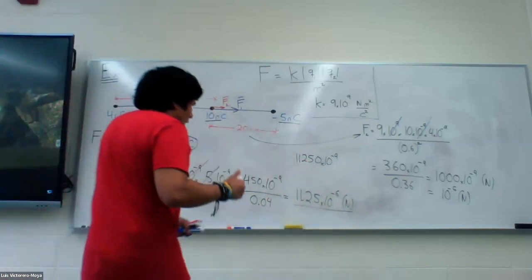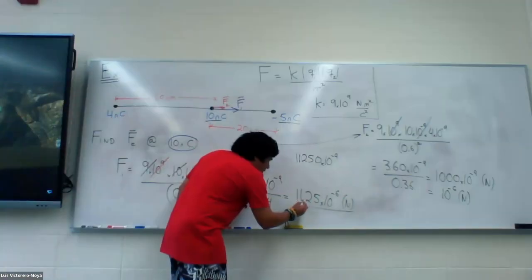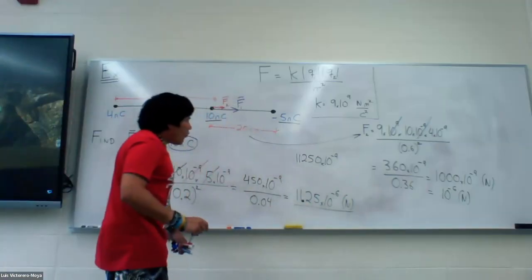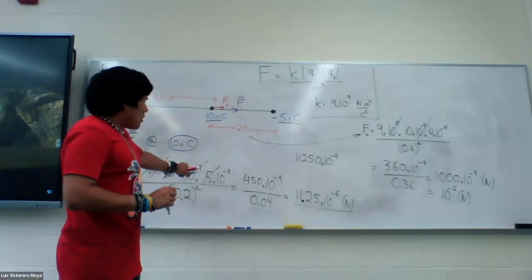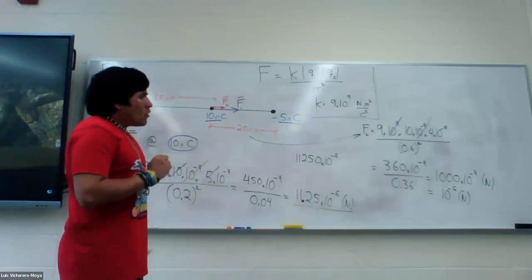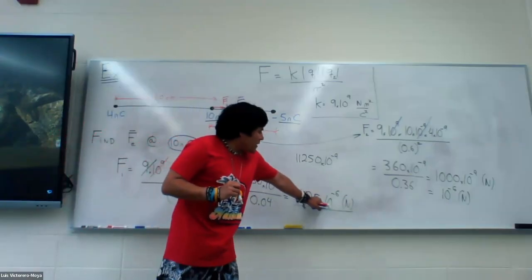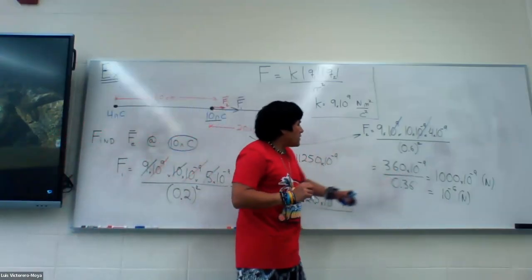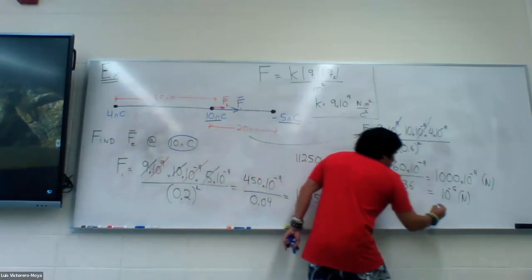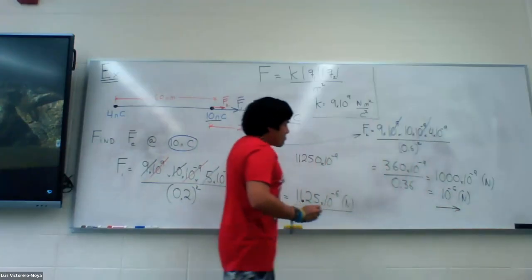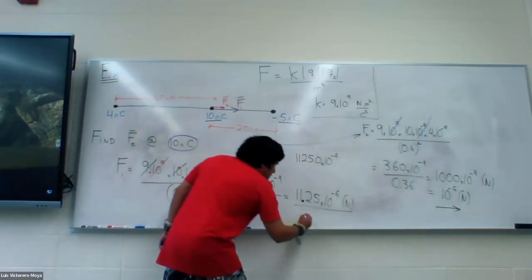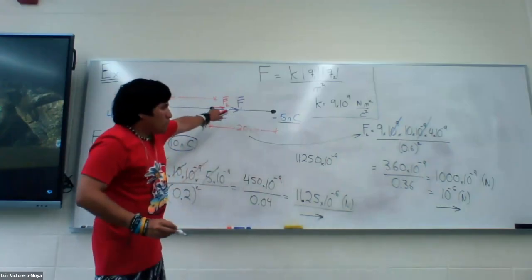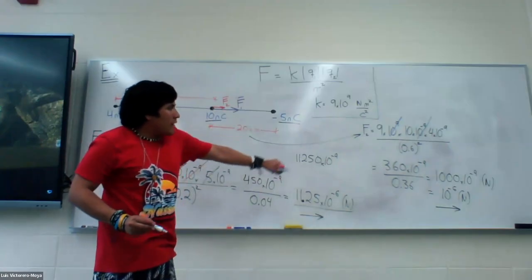So I made a mistake with the calculator there, I didn't see it properly. That's the force value for F1, that's F2. Why do I do it like that? Because I have 10 to the -6, 10 to the -6. That's F2 also going to the right. Both are going to the right, as shown in the picture. Now you just have to add them.